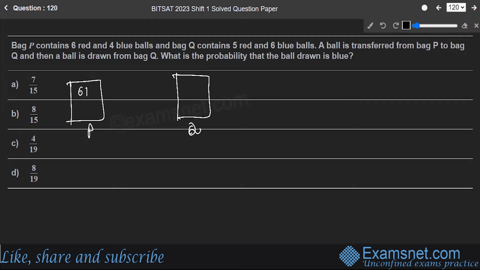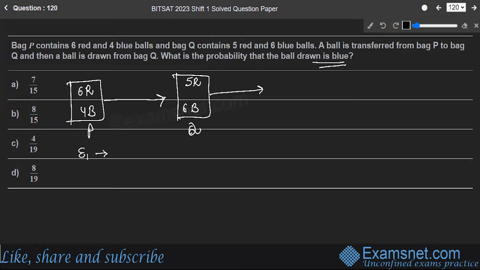So you have a bag P and a bag Q. The P bag has 6 red and 4 blue balls, and the Q bag has 5 red and 6 blue balls. A ball is transferred from P to Q bag, and then one is taken out from the Q bag. Now you have to find the probability that the ball drawn out is blue. So here you have some events.